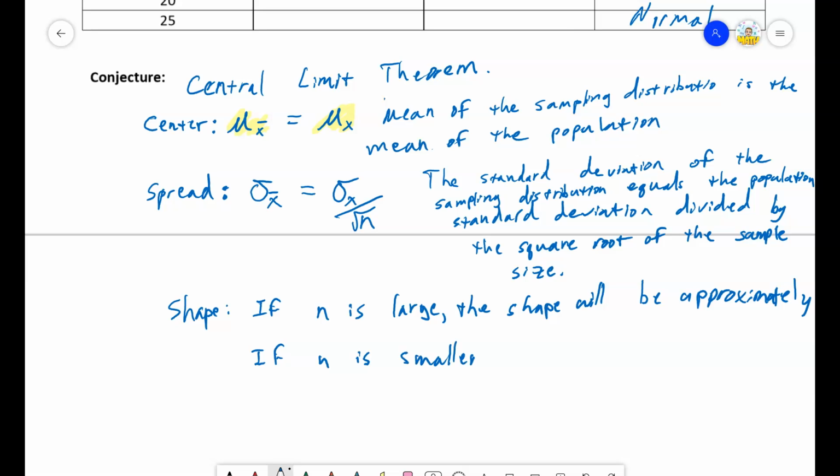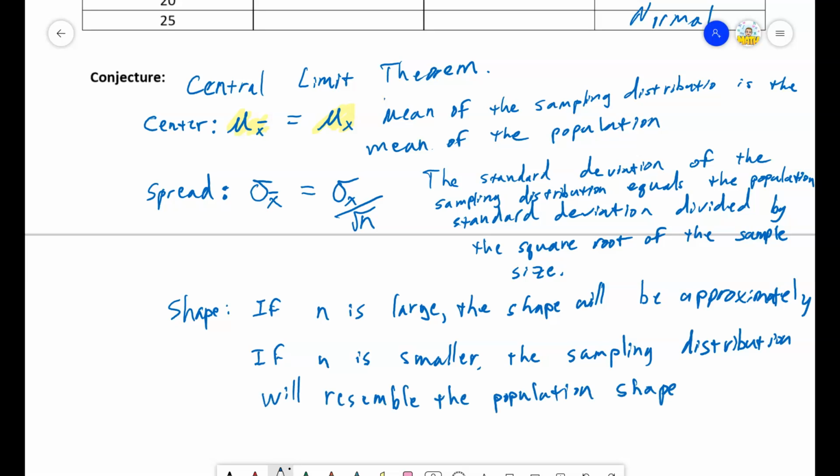So if n is a smaller number, like n equals 2 or n equals 5, the sampling distribution will resemble the population shape. Those are the big 3 things for the central limit theorem, how they apply.